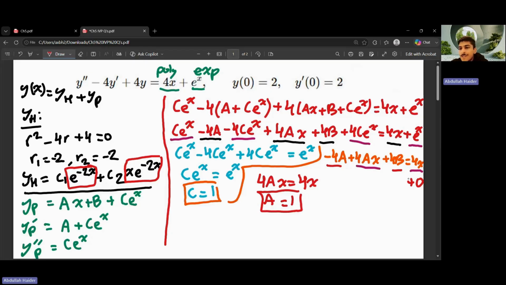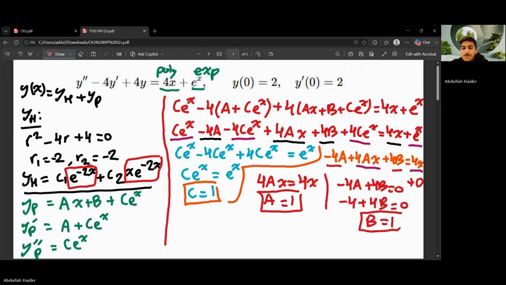And then since we have nothing apart from 4x, we'll assume that we have a 0 here, and we'll do minus 4a plus 4b is equal to 0. So we already got a equals 1 from here, so minus 4 plus 4b is equal to 0. B is equal to 1. So we have got our A, B, and C.